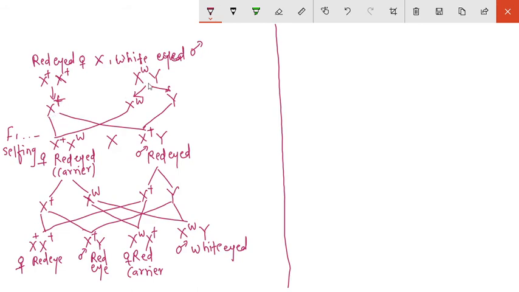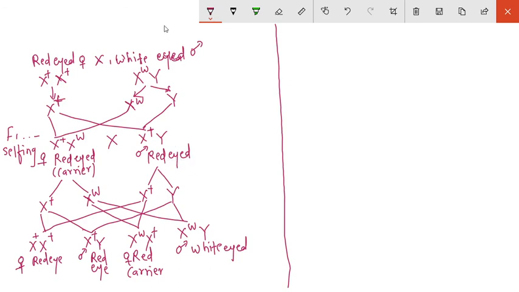The male is heterogametic because he contains one X and one Y, therefore he produces X W and Y gametes. Then in F1 all the progeny were red-eyed, but the female was a carrier and the male was red-eyed.